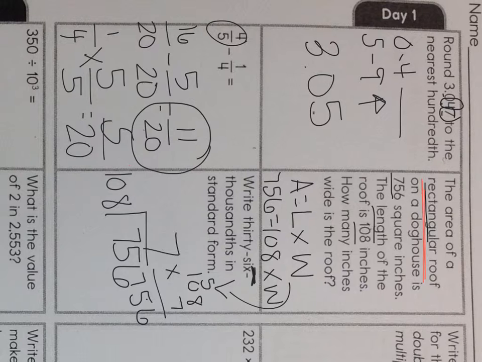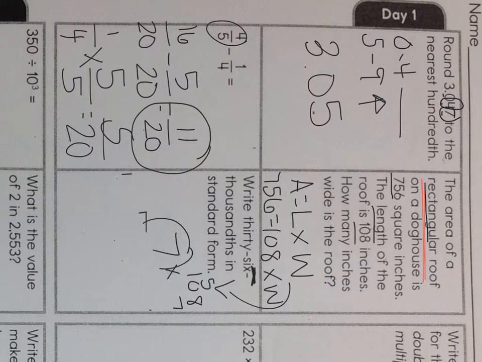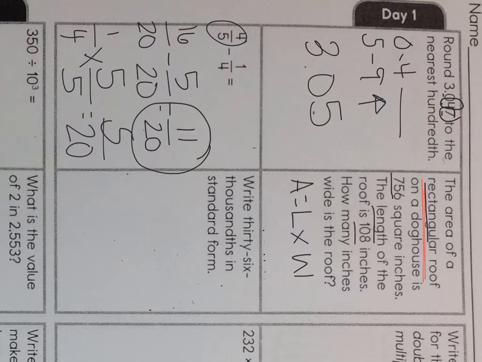Our answer would be 7, so that would also be our width, because 108 times 7 equals 756. So your answer is 7, and if we want to label it, it would be inches.